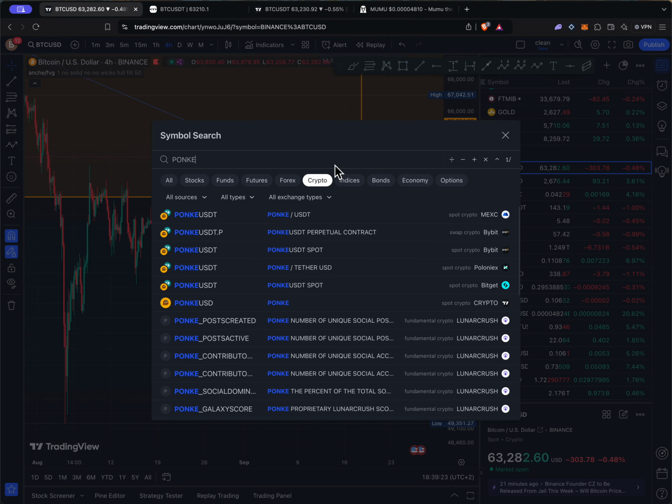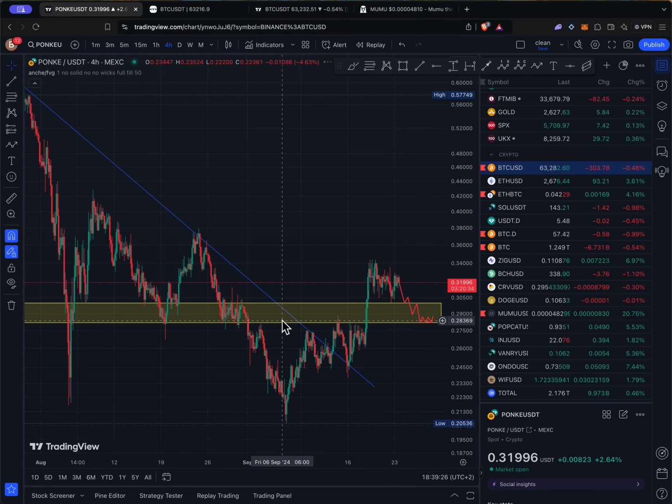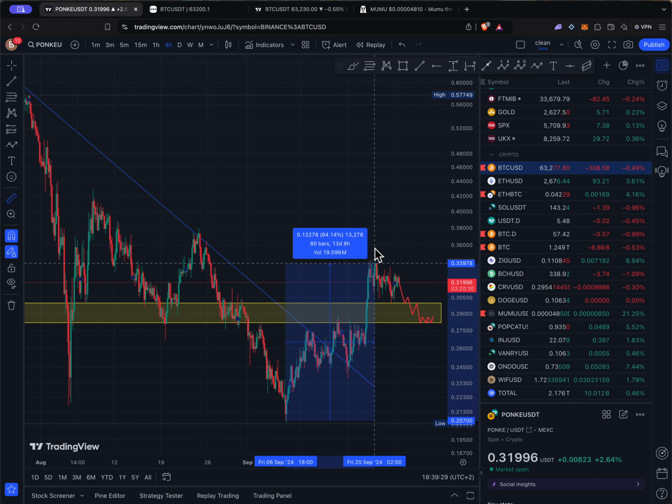Let's see, Ponke, what did it do? From here, it did 71%. So if BTC is going down 10%, Ponke is going to go at least 30% down. That's the logic I use.